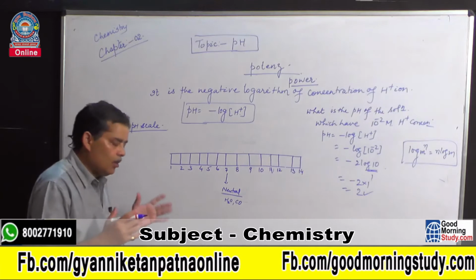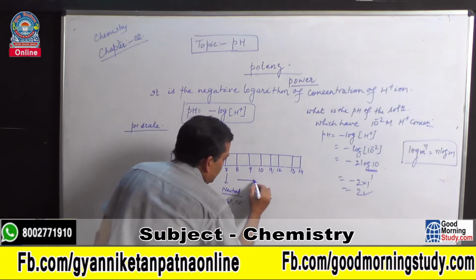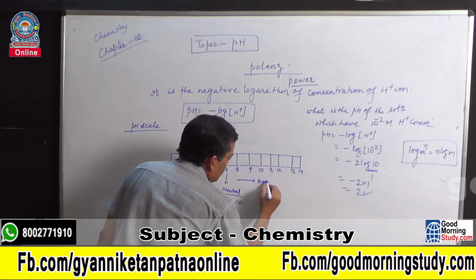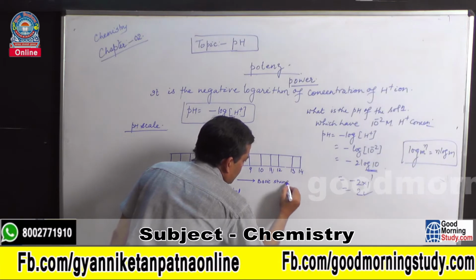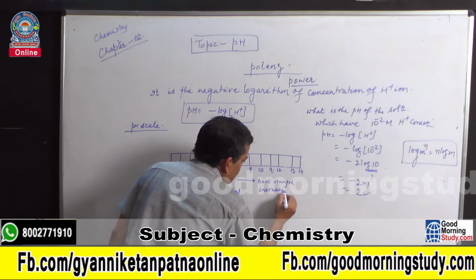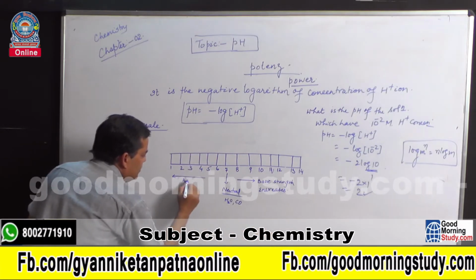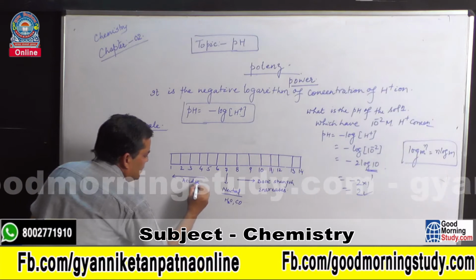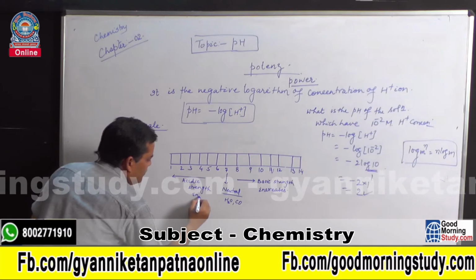If the pH is more than 7, then the basic strength increases, and towards the lower side the acidic strength increases.